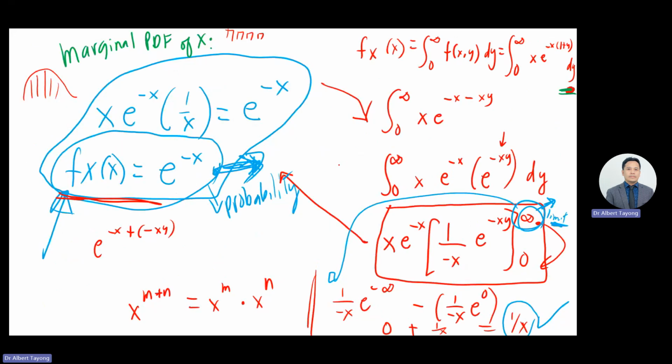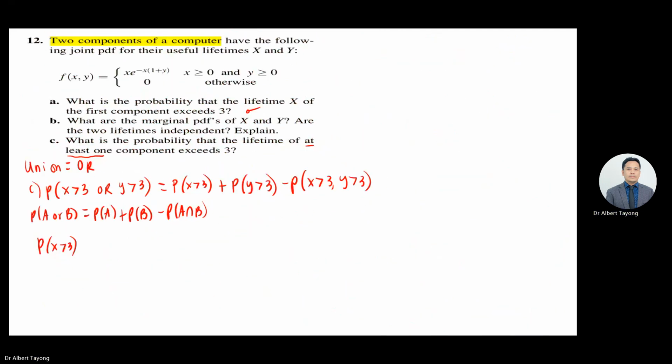So in letter A, we solved for the marginal PDF of x. That is f sub capital X of x is equal to e raised to the power of negative x.